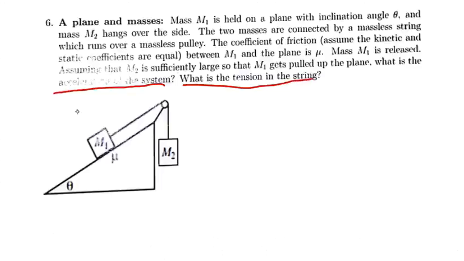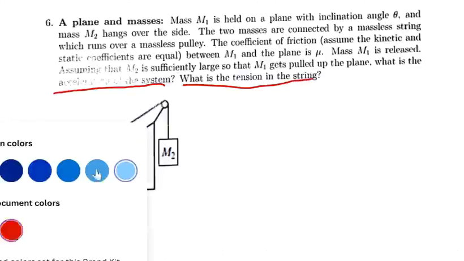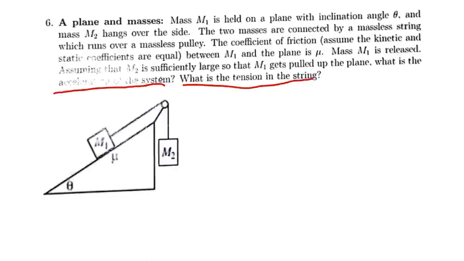Okay, let's analyze this. Since we're told that m2 is greater than m1, the direction of the motion of the masses would be in this way, and we also have a tension on this side which should be T1, and another tension on this side which should be T2.